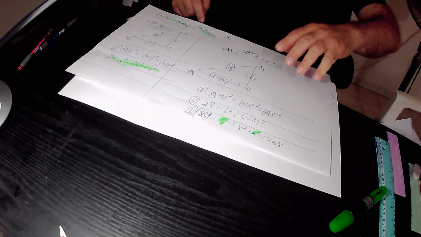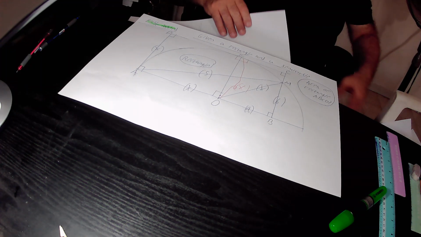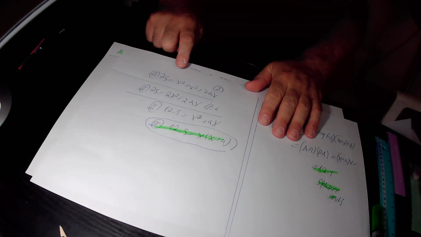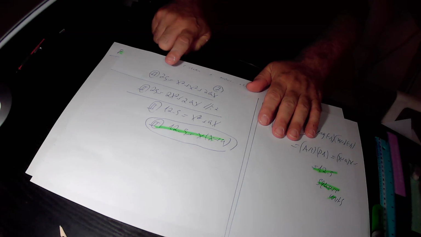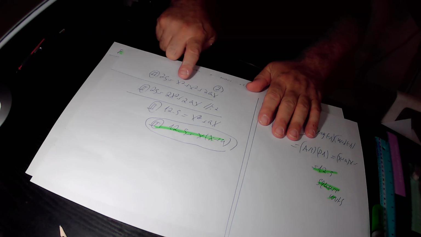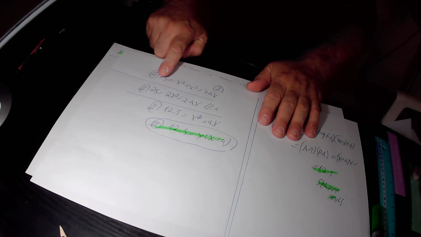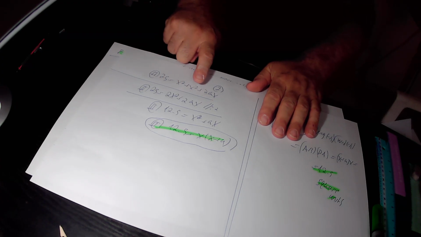We did it, and found out that 25 equals X squared, plus the remaining X squared plus 2AX. So 25 equals X squared plus X squared, that is 2X squared, plus 2AX. So in total, according to equation 2, we have found out that 25 equals 2X squared plus 2AX.